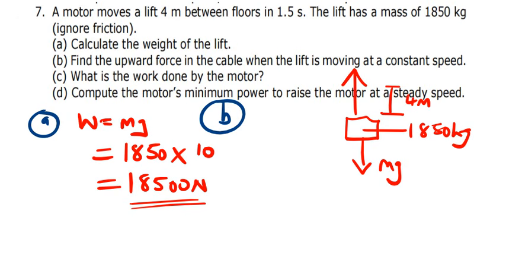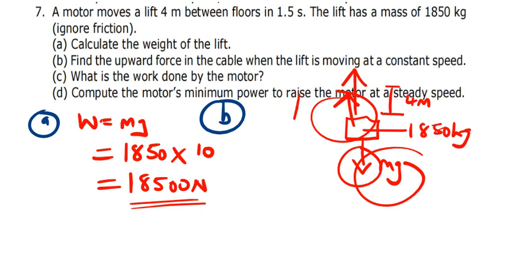Now if you're using the cable, it is going up because you're pulling it up. However, you're going to have the weight force acting in the opposite direction. So the cable in this case is acting in the direction of what we call the normal force. You know that the weight and the normal force are in different directions. So the force that you found for weight will be the same force in the cable.